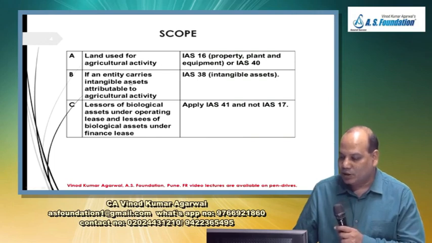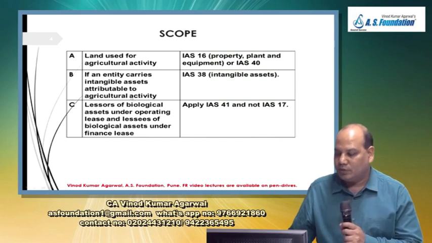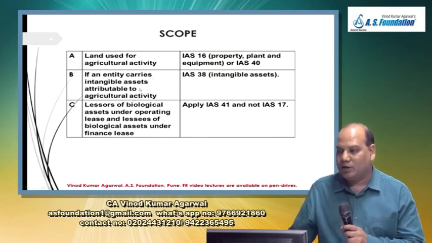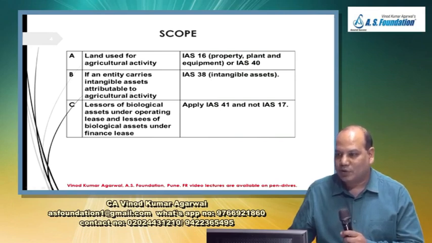What about the intangible asset? If an entity carries intangible asset attributable to agricultural activity, for example, you have a brand under which you sell milk, Amul brand, selling milk, will that be accounted under IAS 41 or under IAS 38?